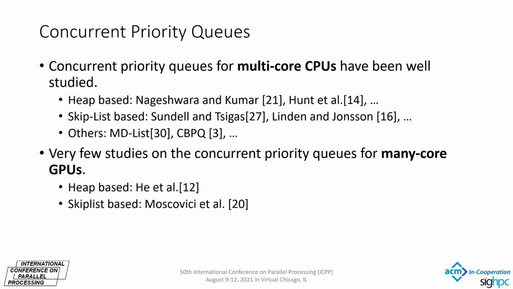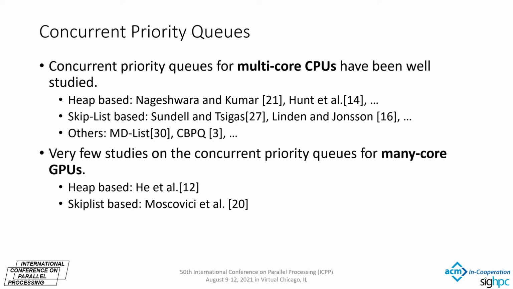However, very few works study the concurrent priority queue for many-core GPUs. The first generic priority queue implementation for GPUs was provided by Hunt's group. They propose a heap-based implementation, however, it only supports pipeline parallelism, whereas different types of parallelism can be explored on GPUs. There are also GPU-friendly skip list implementations in the literature.